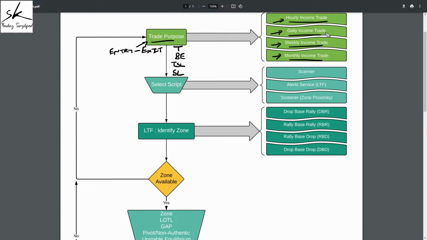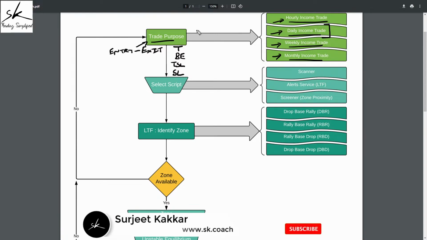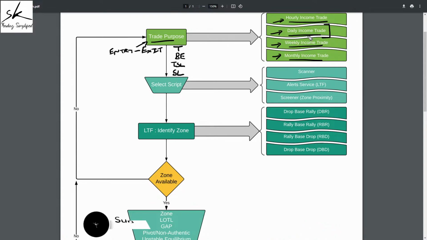Now, very important, by definition, I said daily income is a trade which can last for a day or a few days. But when you're trading markets which are not 24-hour markets, for example, we are doing analysis for the NSE, the National Stock Exchange, one of the Indian stock exchanges, these markets are not open for 24 hours. So I'm pretty sure all of you would have experienced, whenever the market opens, some symbols gap up, some symbols gap down.